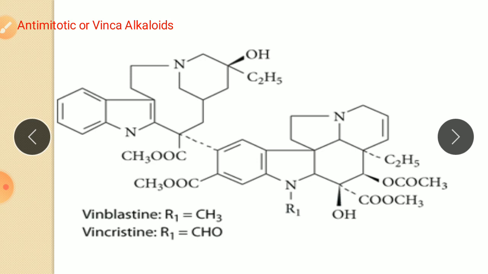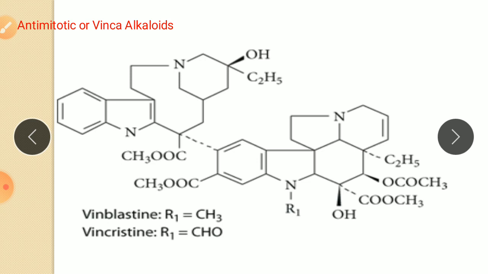So in short, mechanism of action: vincristine and vinblastine disturb the function of the mitotic spindle. The mitotic spindle plays an important role in cell division and is composed of two proteins, alpha tubulin and beta tubulin. There is a high affinity binding site located at both ends of the mitotic spindle, and a low affinity binding site located on the intact spindle.